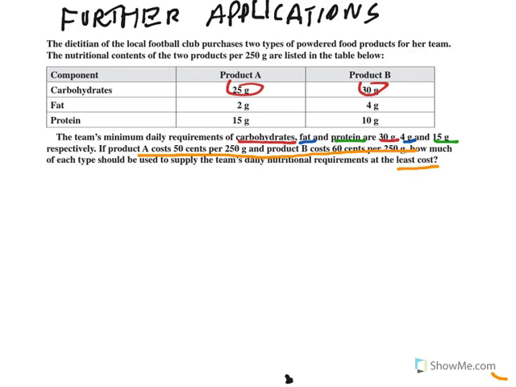I'm going to use A and B again. You can change it to X and Y should you wish to, but I'm not going to. Just A and B. So A is the amount of A in lots of 250 grams.